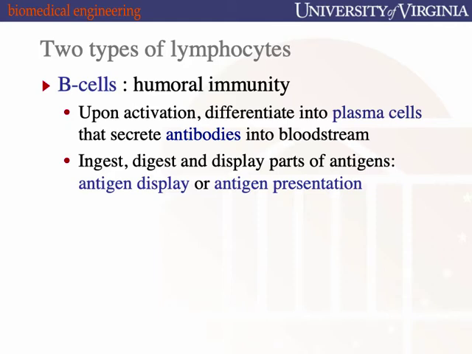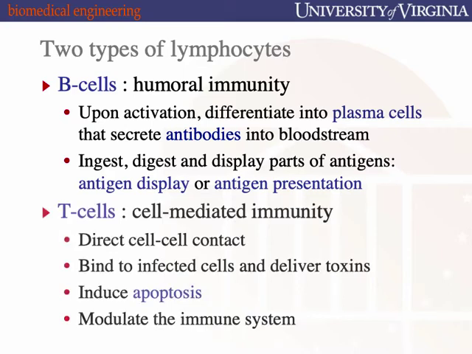They can also ingest, digest, and display parts of antigens to T cells, a process known as antigen display or antigen presentation. So these are what we would call professional antigen presenting cells. We'll dig into B cells in just a minute.